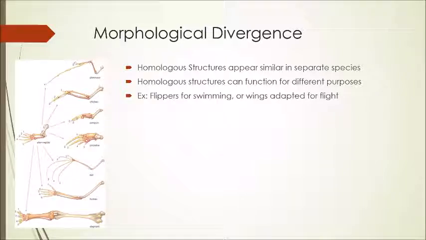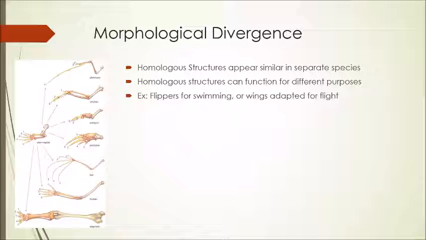So morphological divergence is essentially an evolutionary pattern where these different things change from a common ancestor. Diverse lineages can repurpose these limbs for different purposes. Even though it's the base limb of a foot, it can be repurposed into flying or stronger running or swimming, that sort of thing.